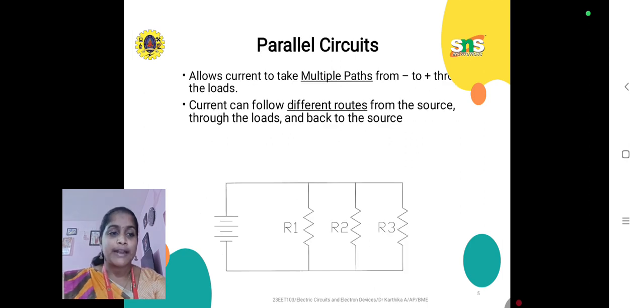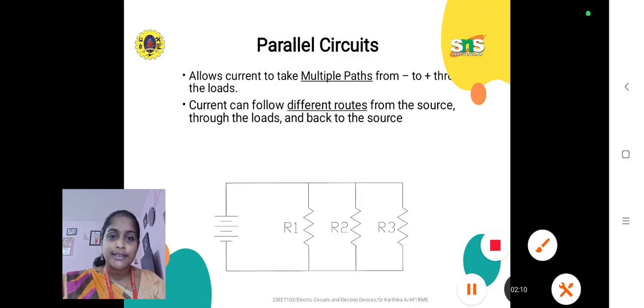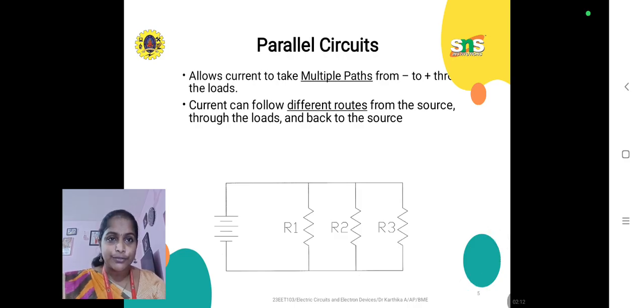Next one is parallel circuits. Parallel circuits allow current to take multiple paths from negative to positive through the loads. Current can flow through different routes from the source, through the loads, and back to the source. See the diagram. It has a power source and resistors R1, R2 and R3.